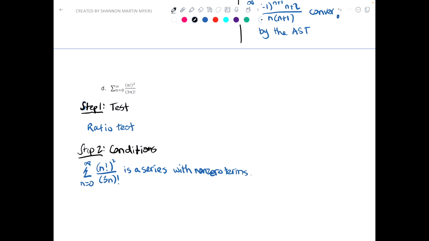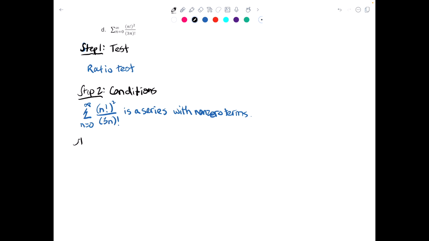All right, step 4, run the test. And so we'll have the limit as n approaches infinity. No need for the absolute value because there's no negative terms.